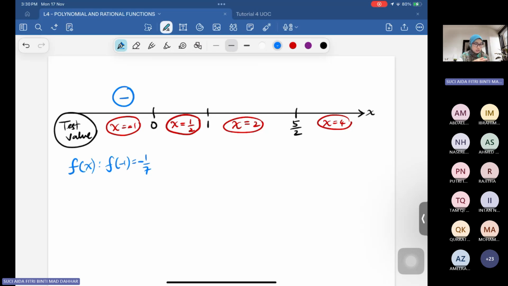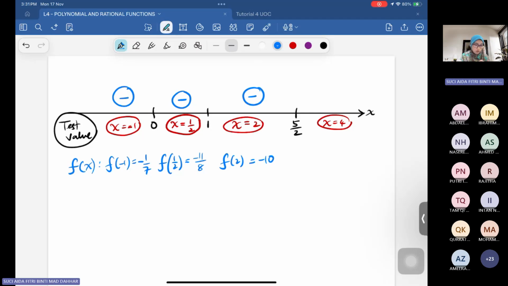Now change to another test value, positive 0.5. This gives me negative 11 over 8. So this is also negative. Now change to positive 2. This one I got negative 10. So this is still negative.